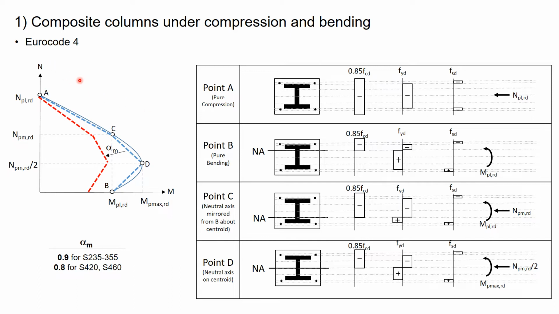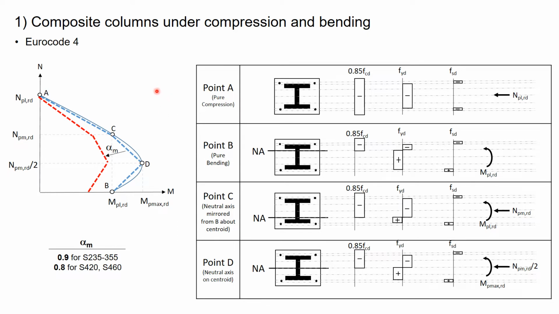Eurocode 4 takes a plastic section approach, which assumes that the section reached plasticity, both concrete and steel, and having pairs of moment and axial forces at which the section fails. And changing the neutral axis step by step along the section, we will find all the points on this solid line, which would be our plastic interaction diagram.